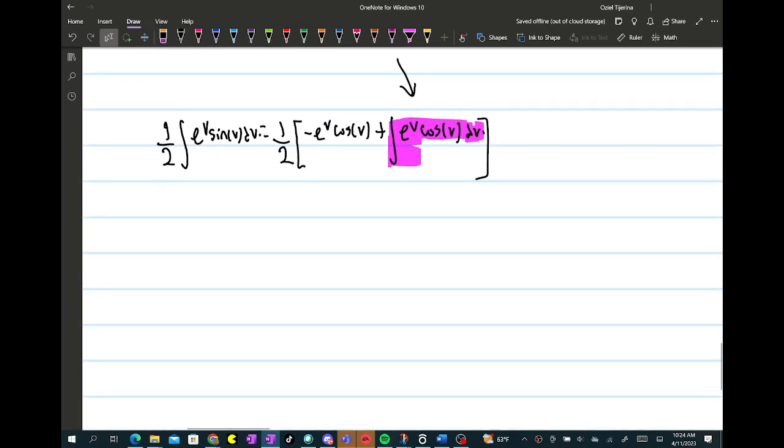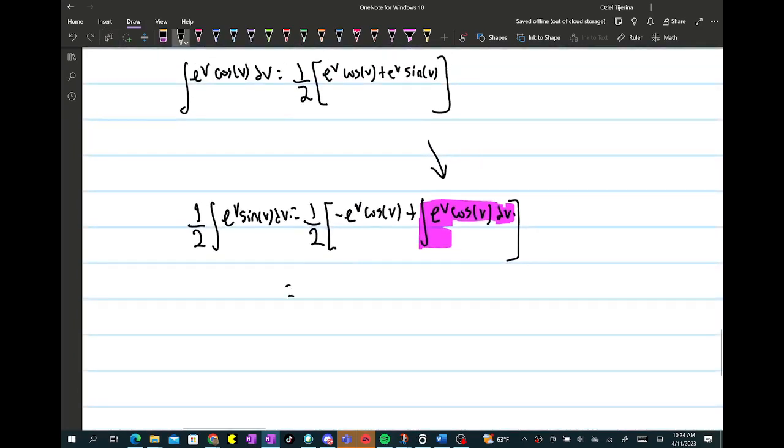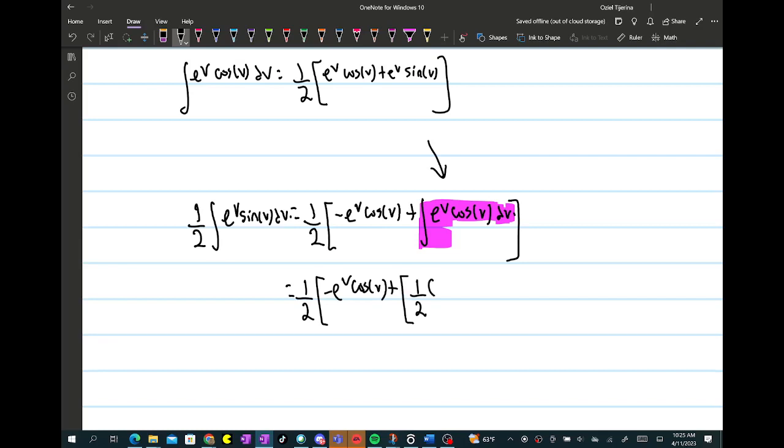So we're going to say that this is equal to 1/2 times negative e to the v cosine of v, and then plus the quantity 1/2 times e to the v cosine of v plus e to the v sine of v.